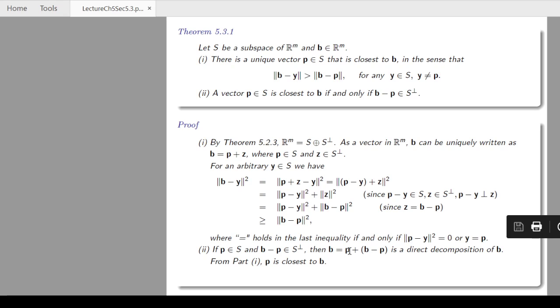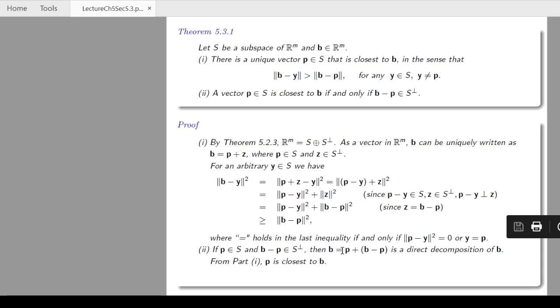But P belongs to S, and B minus P belongs to the orthogonal complement of S. So in this way, you can say this is a direct decomposition for the vector B.